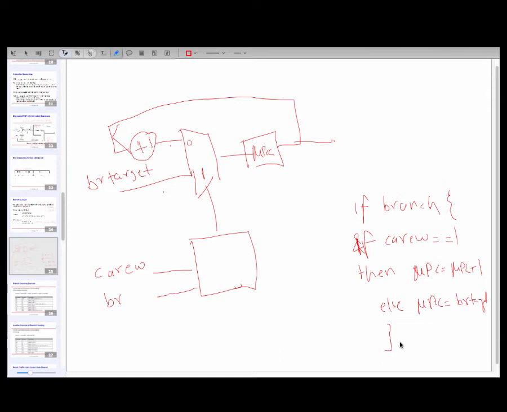What would happen in this logic? And I have a single bit out here. I want this bit to select something from this multiplexer based upon these two inputs. What would this logic look like?